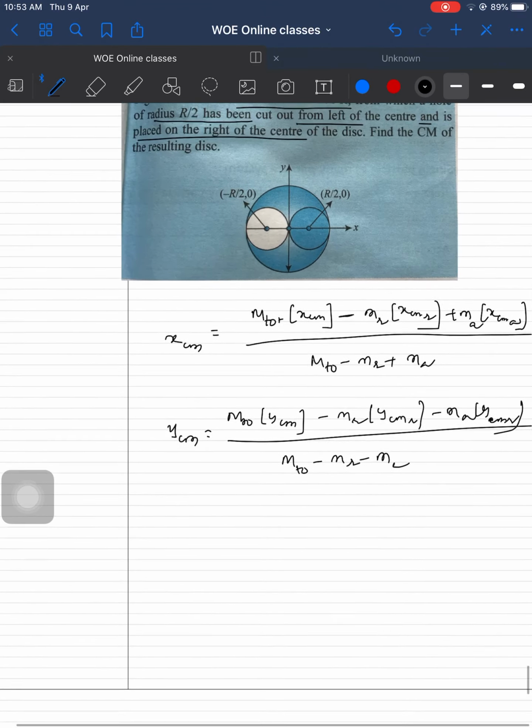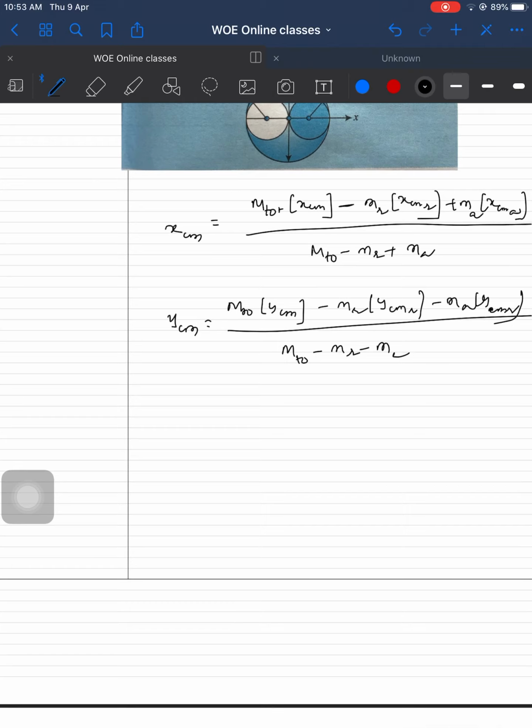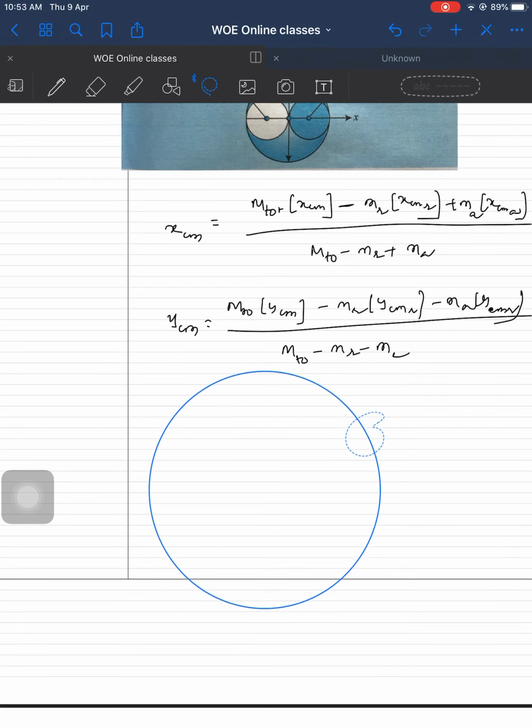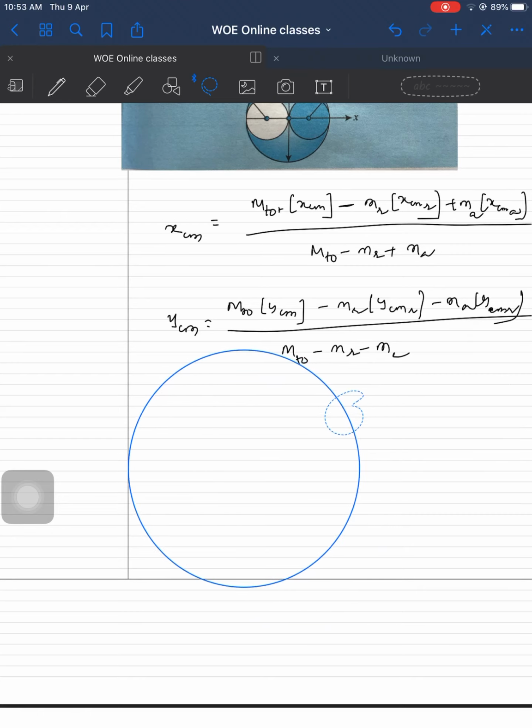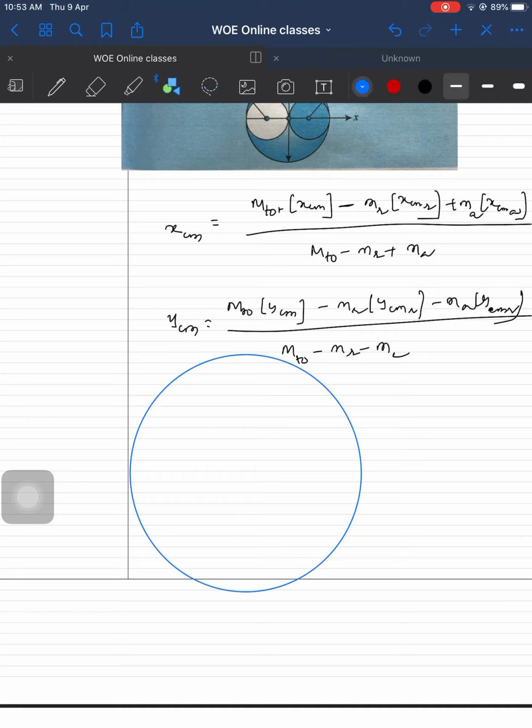First, let's find the coordinates. I am drawing the diagram again. This is the disc, and from this one section is removed.